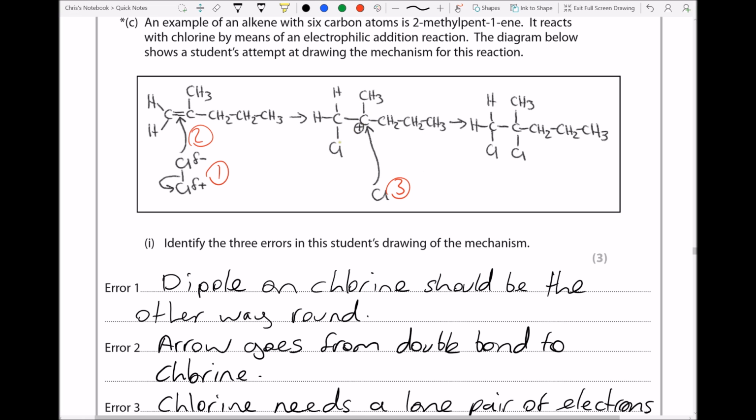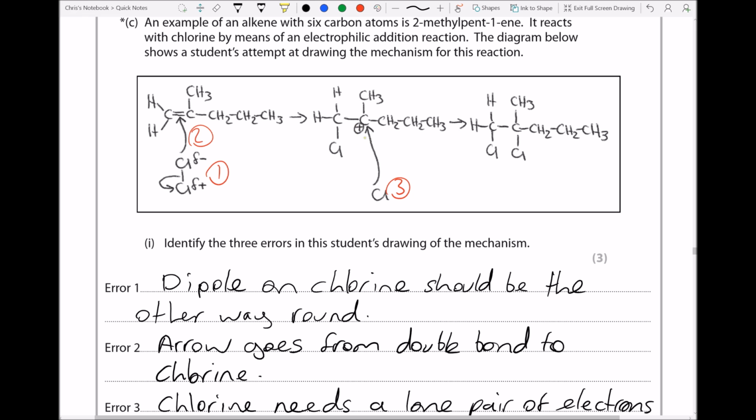The reason why it's there and not anywhere else, for example here, is that having a positive charge here is better than on here, because we've got a tertiary carbocation. We've got a carbon here, and a carbon here. We've got 3 carbons surrounding this one. Tertiary carbocations are much more stable than if the carbocation was on the end here, because this carbon's only bonded to 1 carbon. That's called a primary carbocation. So these tertiaries are a lot more stable than your primaries.